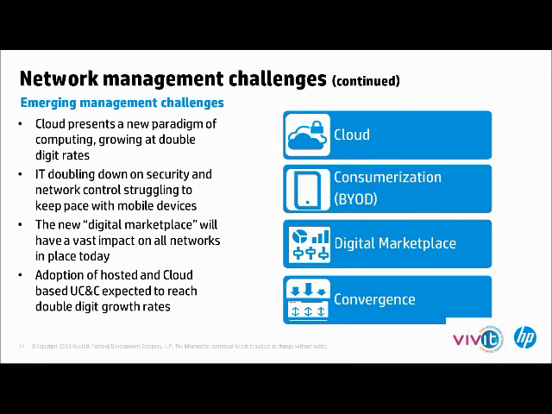So again, there are a lot of emerging management challenges. One of the key discussion points on this slide is really around cloud computing. Cloud is enabled, as you know, by a lot of advances in the past 4 or 5 years in virtualization and certainly advances in networking technology. If we didn't have the networking technology we have today, we certainly wouldn't be able to support the virtualization that we see in today's markets.